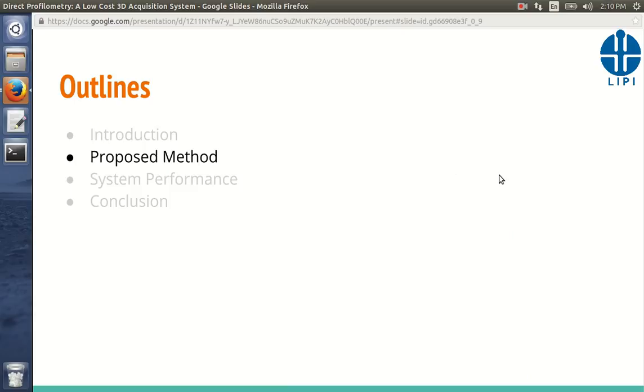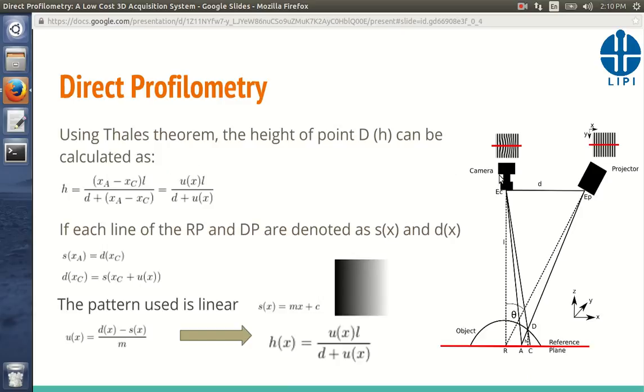Okay, so we propose this method named direct profilometry. Here is the diagram of the 3D acquisition system. Rather than using a sinusoidal pattern, we will use a linear pattern.